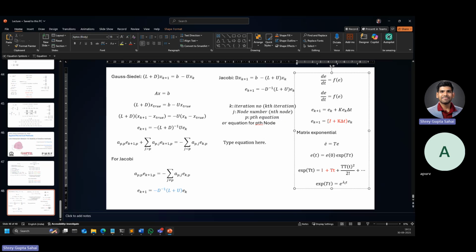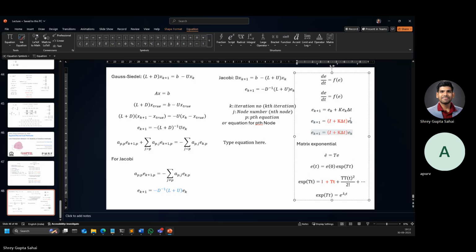But in the strict sense, we should not have this, but exponential of t. It should be this in the strict sense.